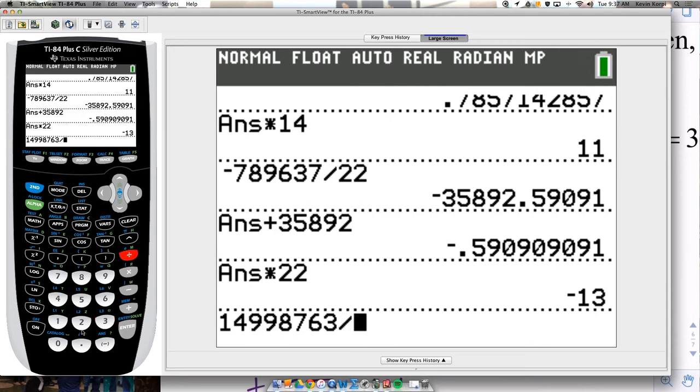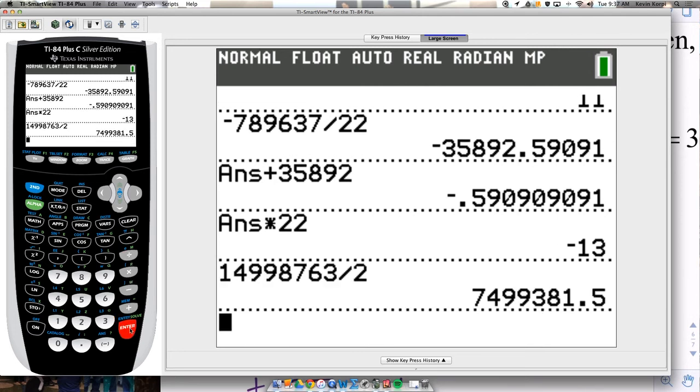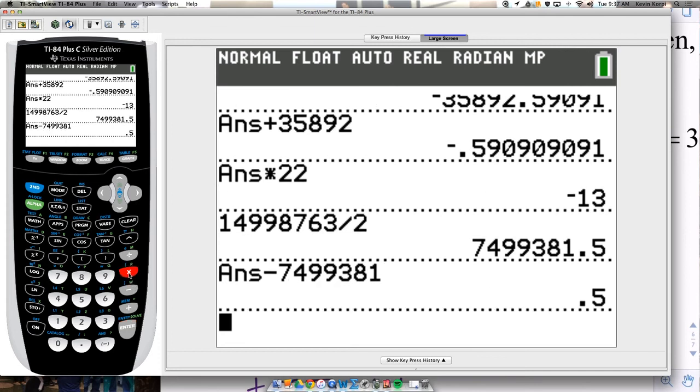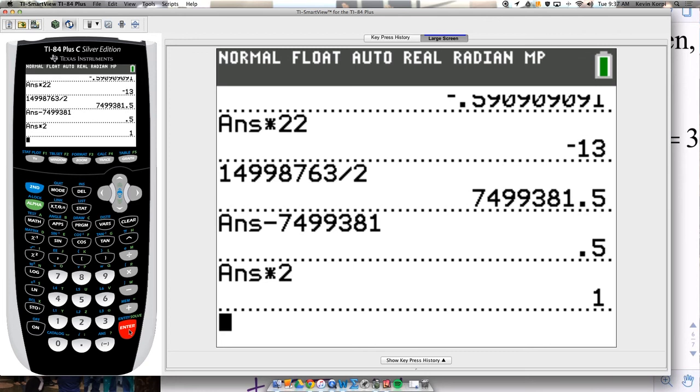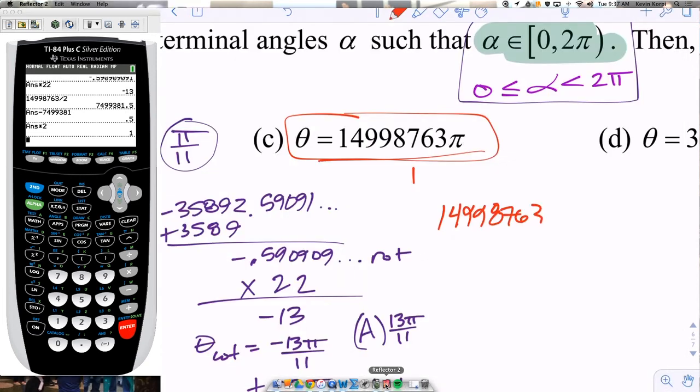We're dividing it by twice the denominator. And then we subtract the full rotations, 749,938,1. And then we remultiply that by the same number we divided by, which is 2. And that's 1. So that gives you your new coefficient of pi firsts. So we end up with 1 pi firsts, also known as pi.